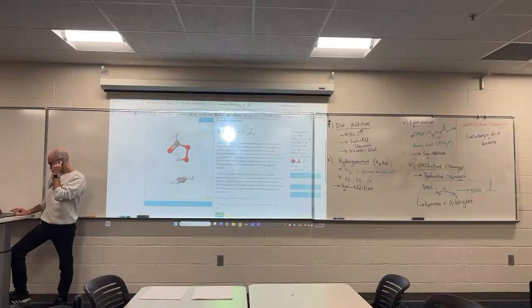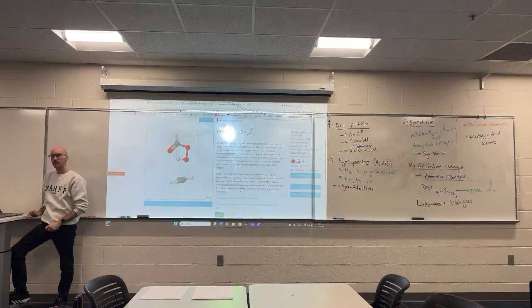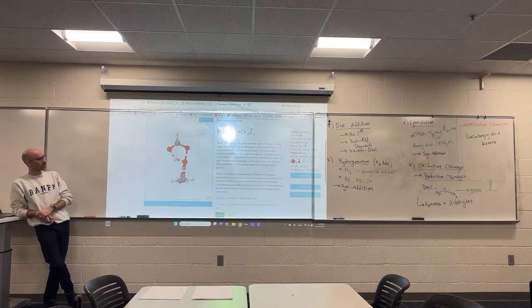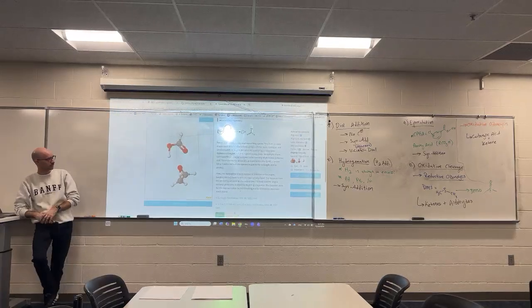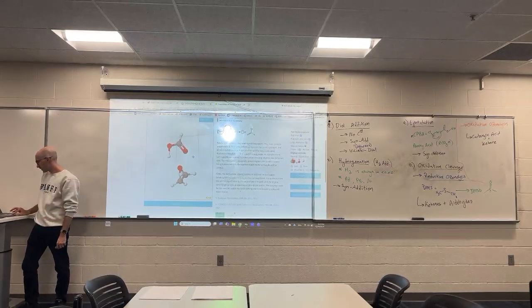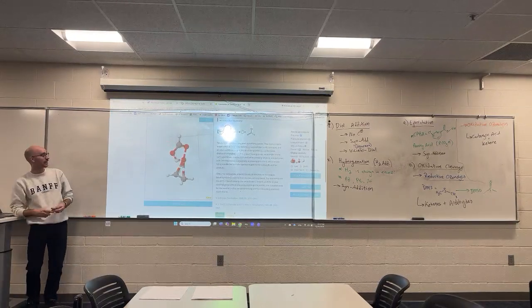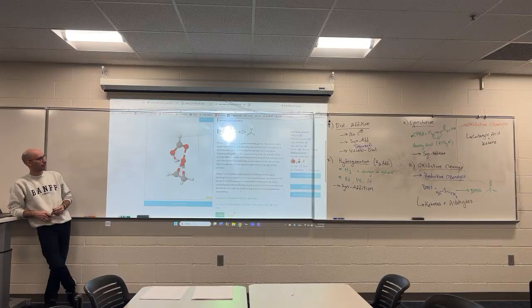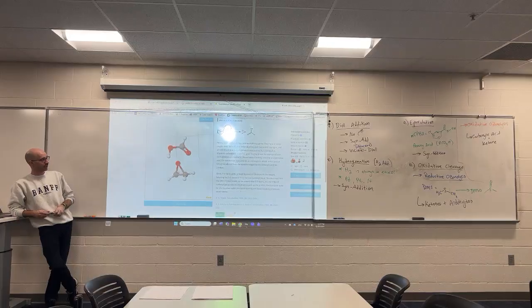So let's watch the epoxidation mechanism. Wow. And then it will reverse it for you. Notice the peroxy acid is donating one of its 3 oxygens.